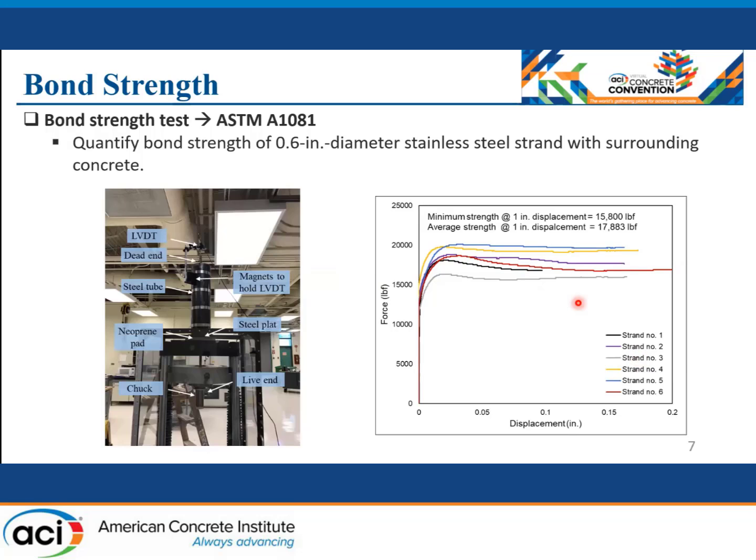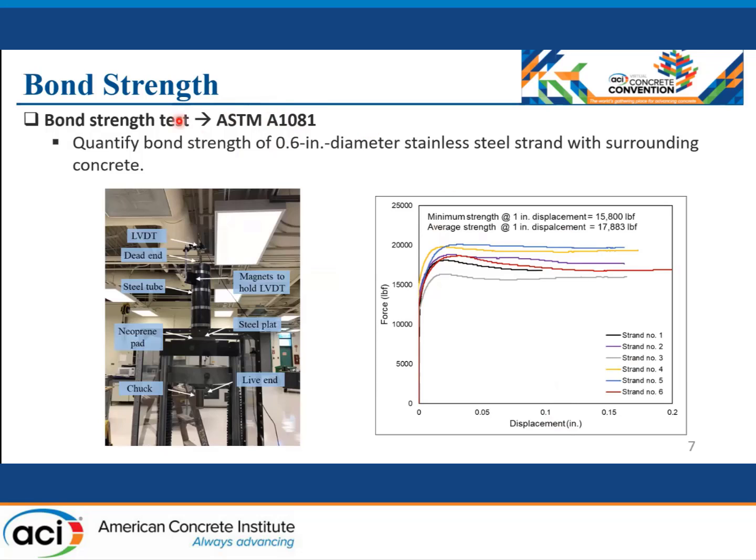Also, we tested the strands in bond strength following ASTM A1081 to quantify the bond strength of the 0.6-inch stainless steel strands with the surrounding concrete. This is the test setup, and here is the force-displacement diagram. We can see that the minimum strength at 0.1 inch displacement was 15.8 kip, and the average strength is 17.8 kip.